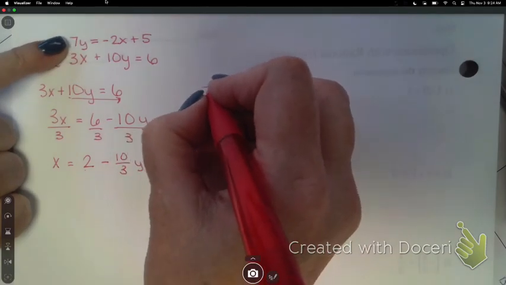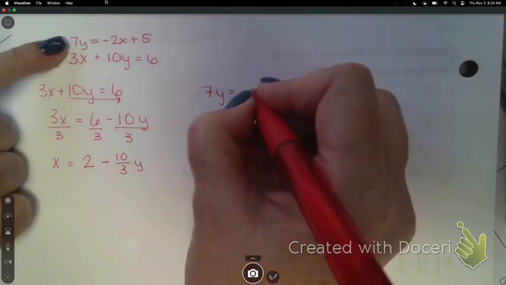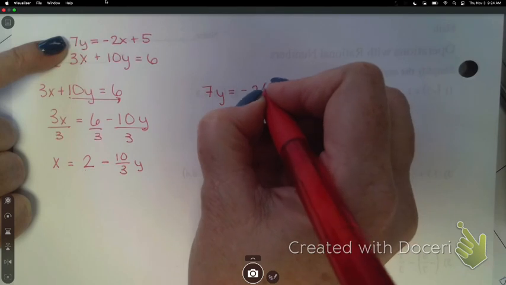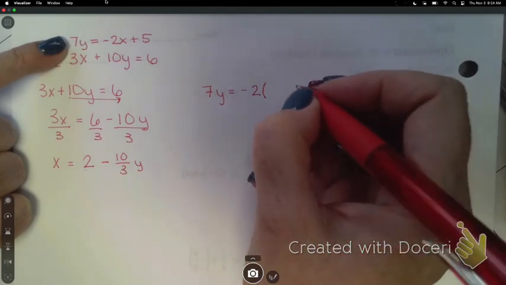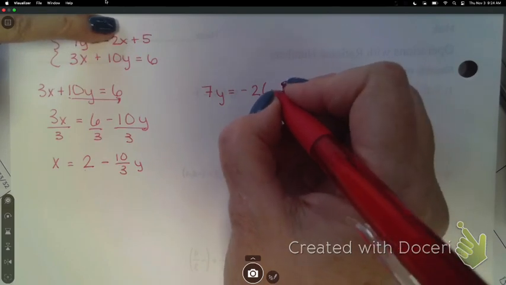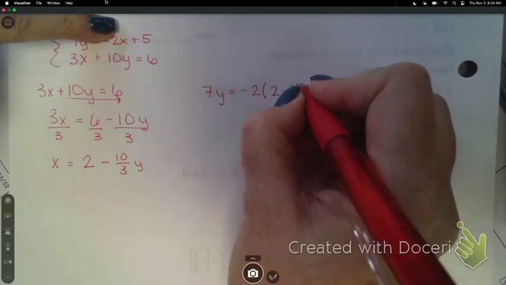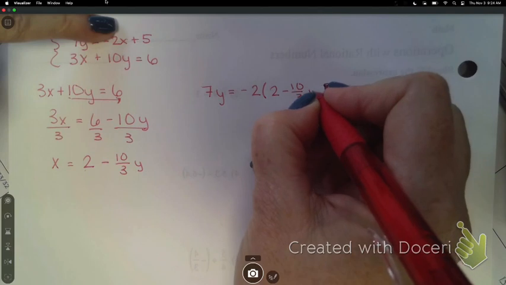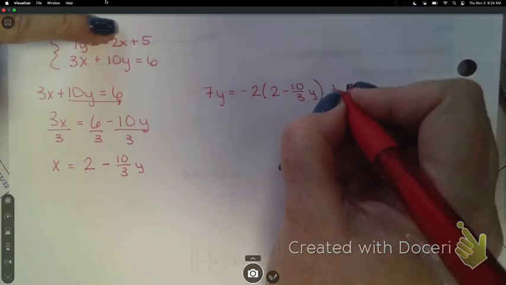So we have 7y equals negative 2 times, what's x now? Oh, 2 minus 10 over 3y, plus 5.